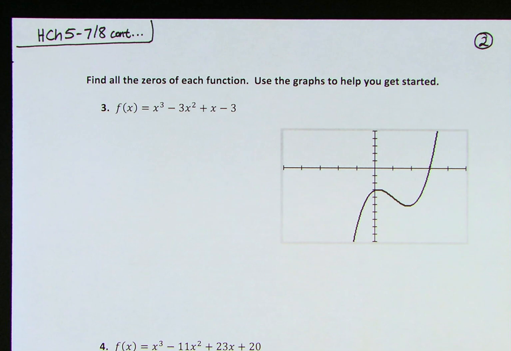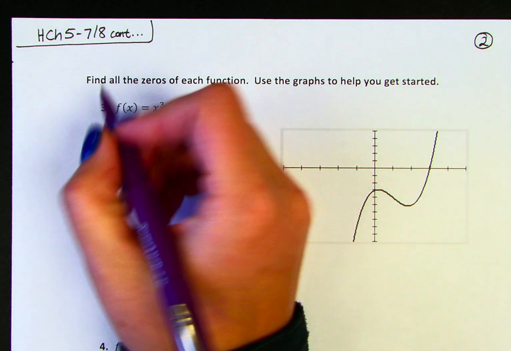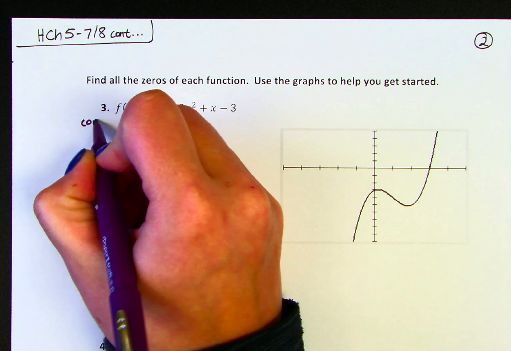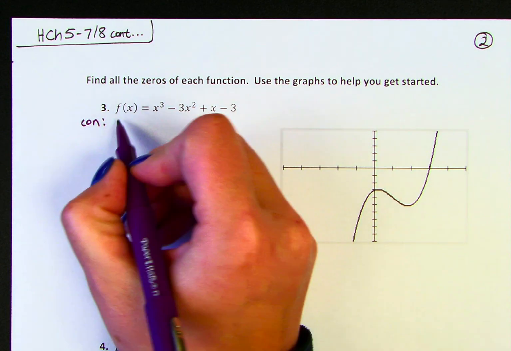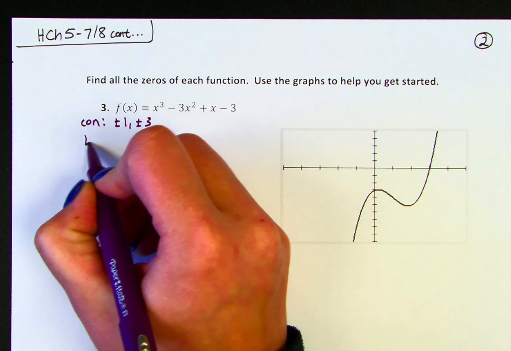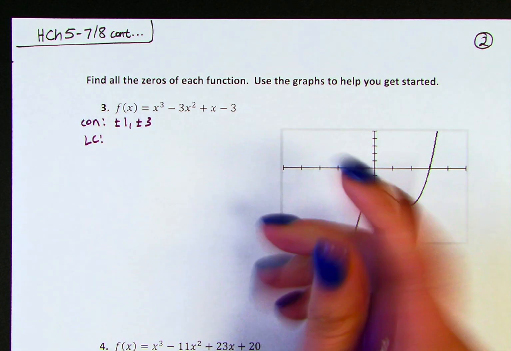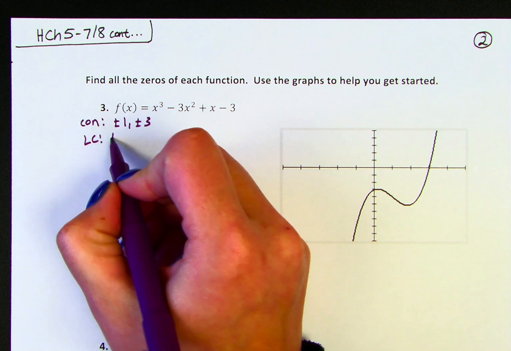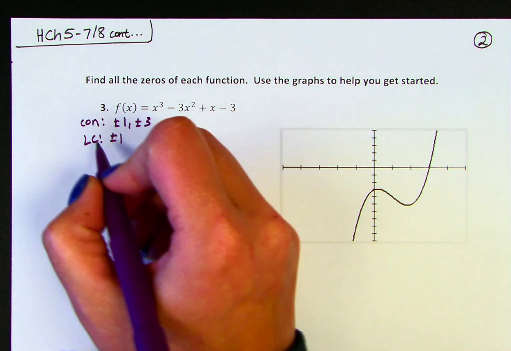Okay, so again, for these problems, we are finding all of the zeros of the function. So if we were stuck, our starting point would be to make our list of the constants. So that would be positive and negative 1, positive and negative 3. And then all the numbers that divide into the leading coefficient, which is a 1, would just be positive and negative 1.